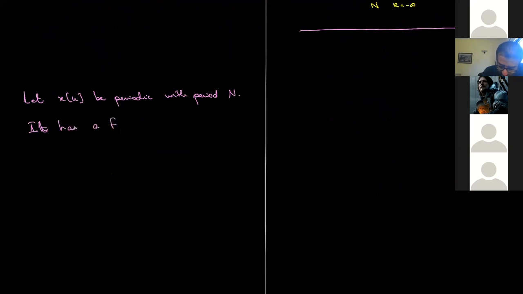And that Fourier series representation just says that x of n equals the summation k equals 0 to N minus 1 of a sub k e raised to the power j k 2 pi by capital N times n.